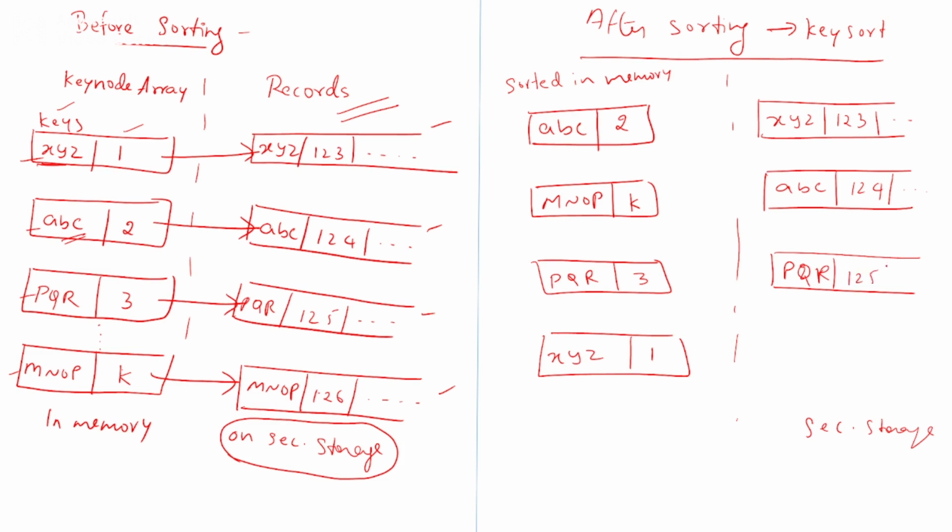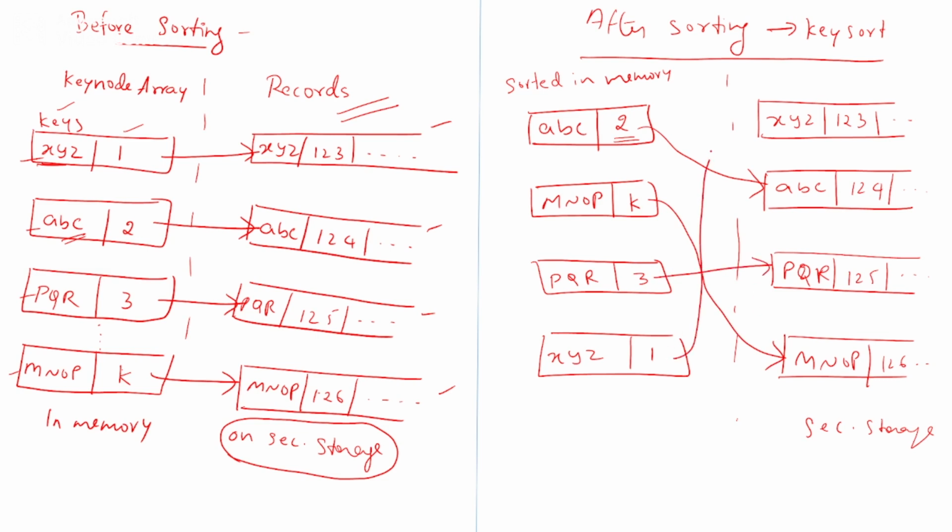We are not going to touch anything in the secondary storage. Instead, we just sorted it in the memory. But you have the pointer with you, so obviously the pointer will connect to the records in the secondary storage. So it will be connecting like this.